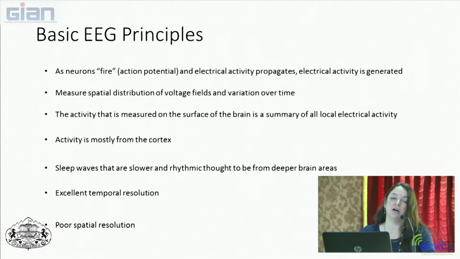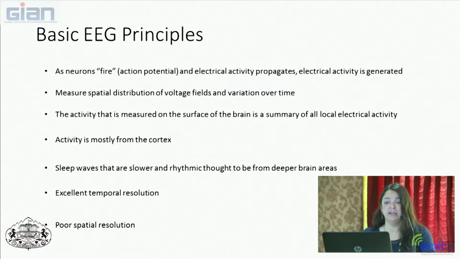Okay, so let's talk about the basic principles of EEG. As neurons fire, so fire means these action potentials that they're getting. So a signal comes along, the neuron does its action potential and passes it along in the electrical activity propagation. As they do this, electrical activity is generated.